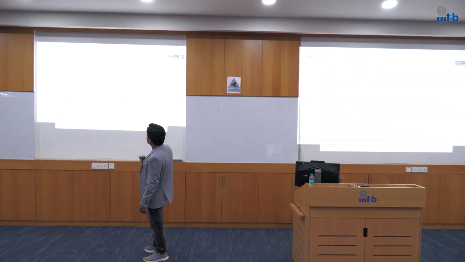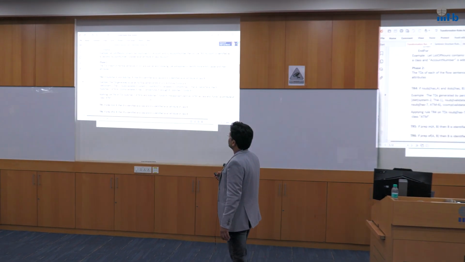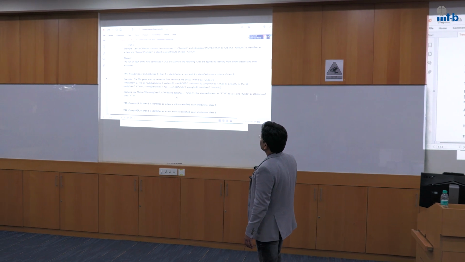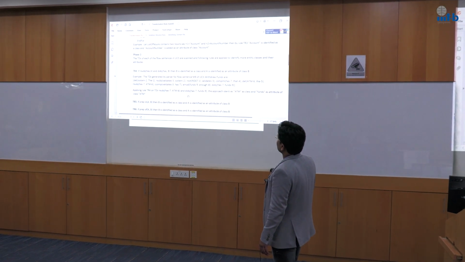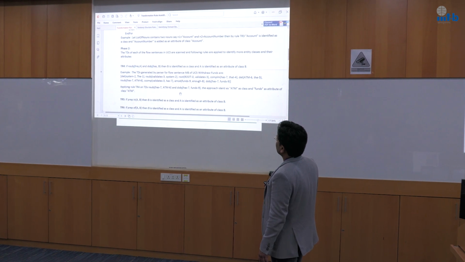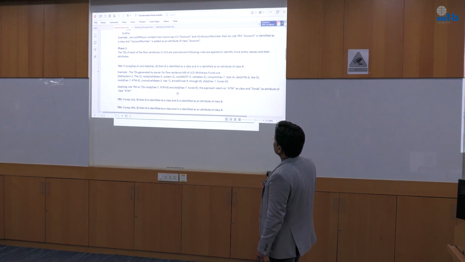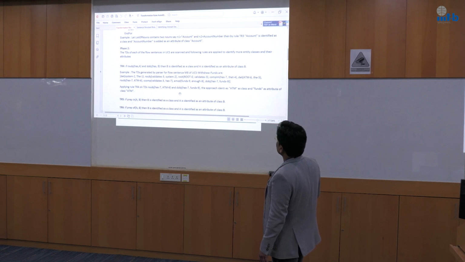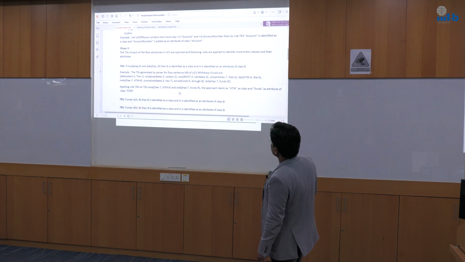So to identify those interactions, we have written the transformation rules. Suppose this is transformation rule number 4. If subject has A and direct object has B, then B is identified as a class and A is identified as the attribute of the class.